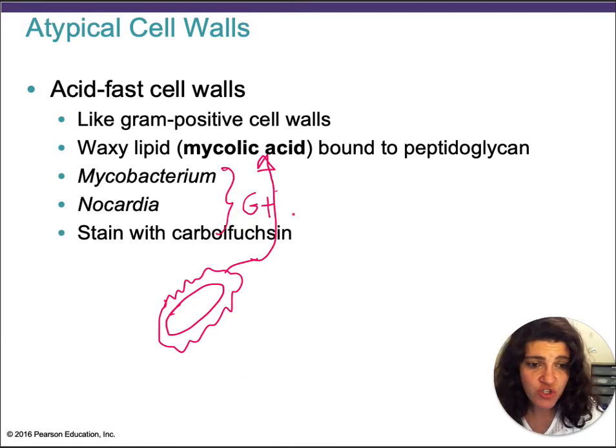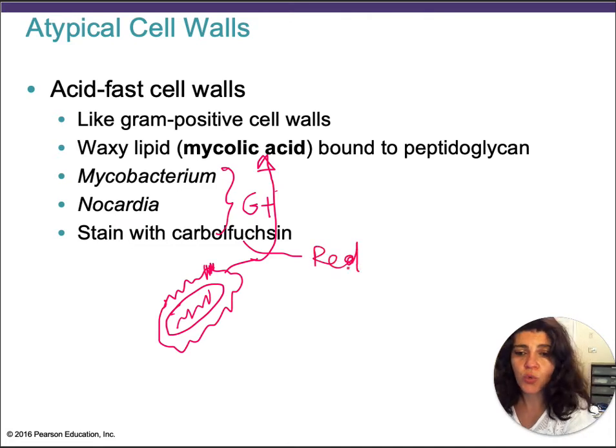And that mixture is going to poke holes on this waxy lipid and stain the cell. We usually use carbofuchsin to do this acid-fast staining, and carbofuchsin will stain the positive acid-fast cells that have this atypical cell wall. Carbofuchsin is red.